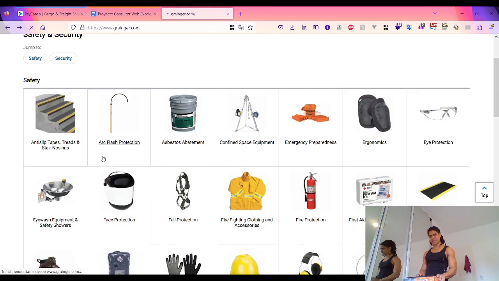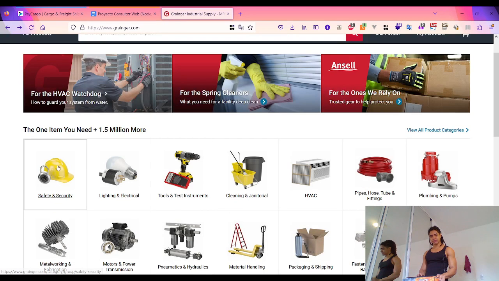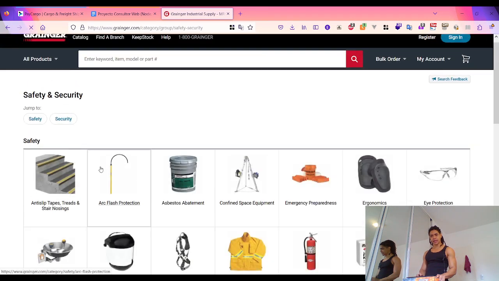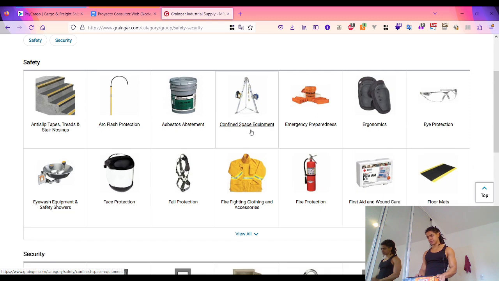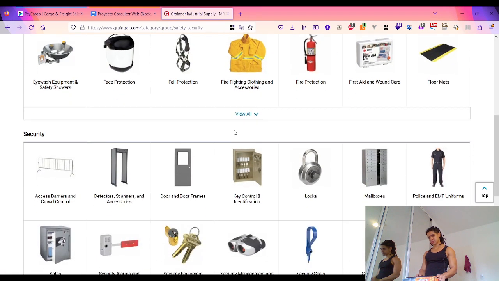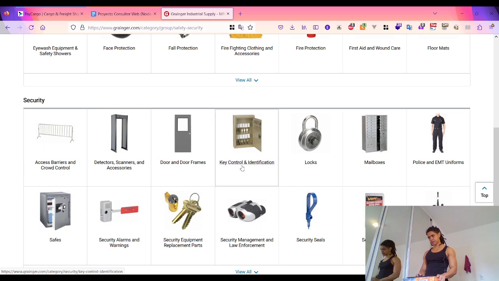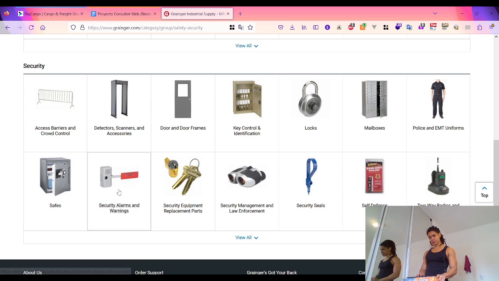But again, all of this is industry related items. Safety and security, lighting, anti-slip tapes, firefighting clothing, face protection, eye wash equipment and safety shower, ergonomics, eye protection, confined space equipment, security, key control identification, lock, security equipment replacement parts.